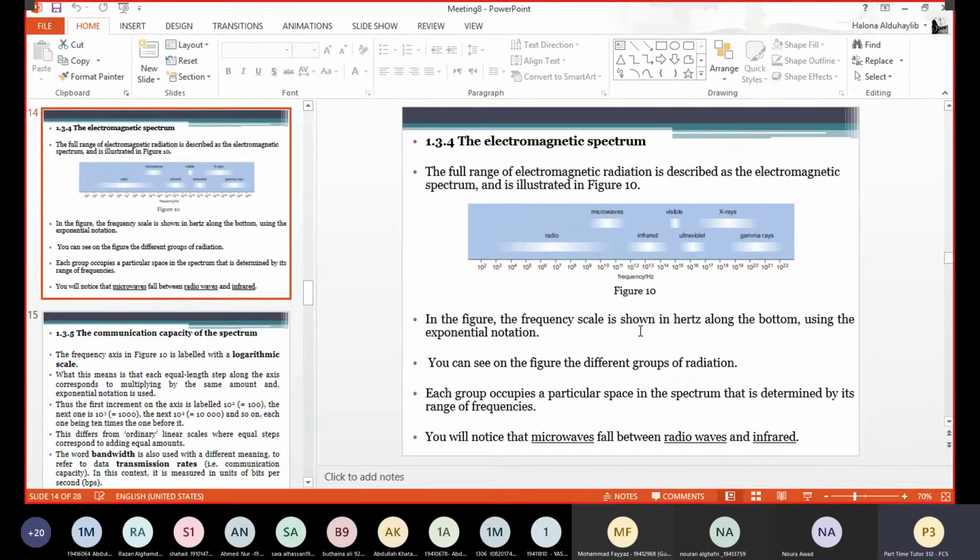Each group occupies a particular space in the spectrum that is determined by its range of frequency. You can see the microwaves fall between radio waves and infrared, in the middle of them.